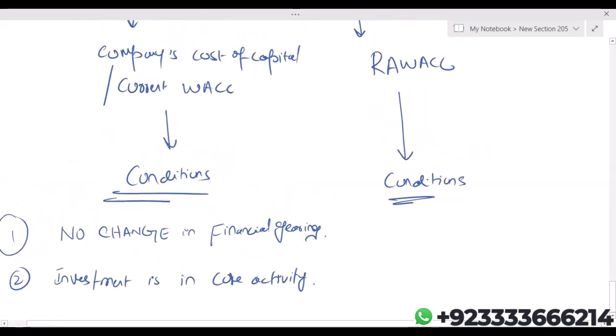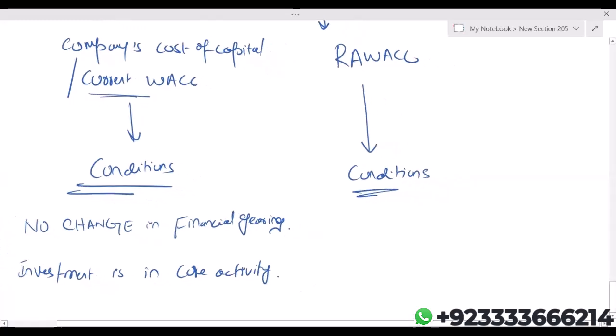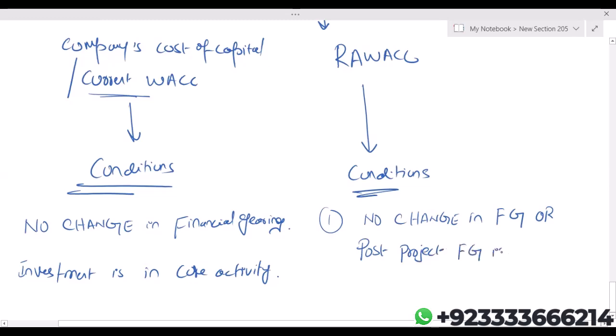Now you'll be using the current WACC. We are not doing anything different. We will be doing the same business. So simply expansion. Now, when we say risk-adjusted WACC, now one possibility, no change in financial gearing, or post-project financial gearing is given.